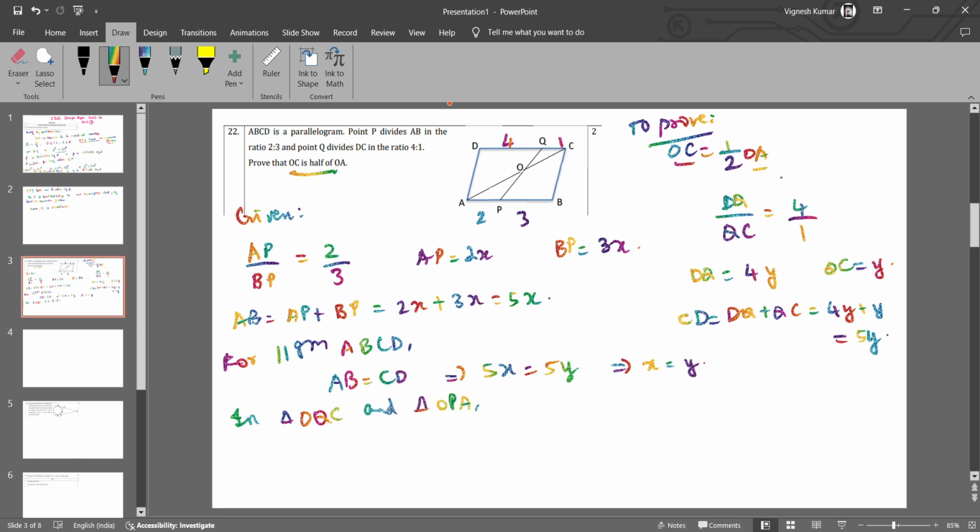In these triangles, angle OQC is equal to angle OPA, since they are alternate angles. Since AB is parallel to CD and PQ acts like a transversal, angle OQC and angle OPA are alternate angles, so they are equal. And angle QOC is equal to angle AOP. These are vertically opposite angles.